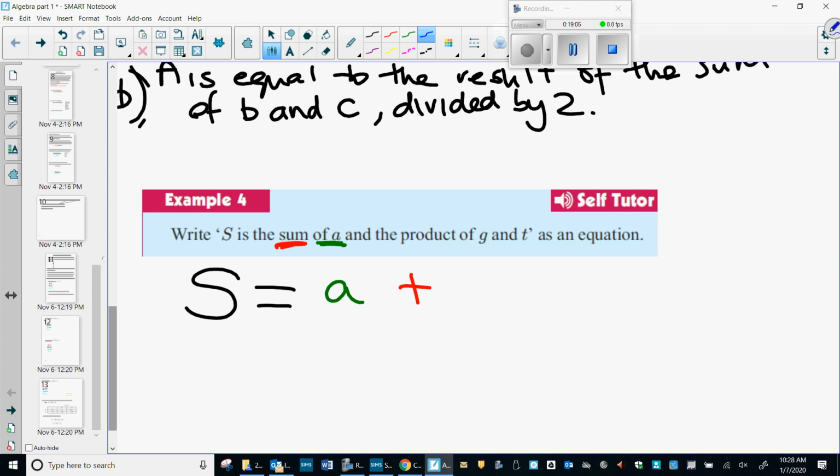Would they need to be in a bracket? They wouldn't need to be, but what's going to happen to them? Is there going to be a sign in between them? No, they're just going to be next to each other. Because we know that when letters are written next to each other, they're being multiplied, and we know product means multiplied.